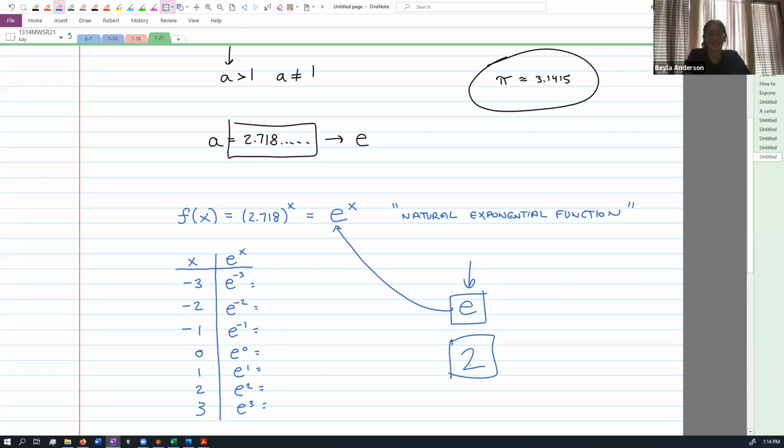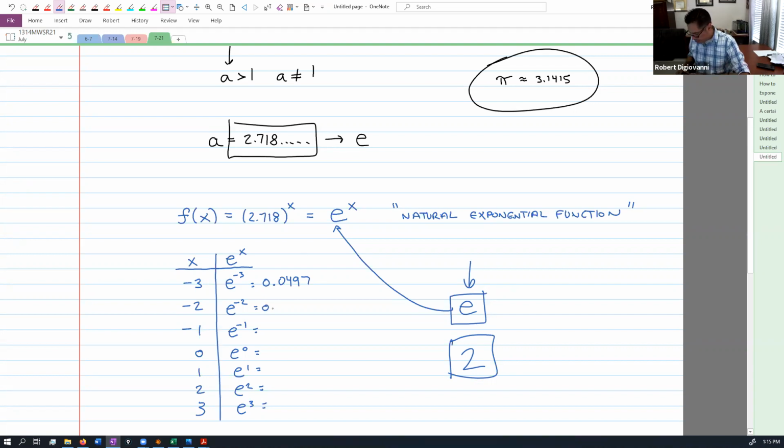I understand. Okay. So get on your calculator, see if you can do e to the -3 and see if you get 0.0497. And then try e to the -2. You should get 0.135. I'm just rounding these to 3 or 4 decimal places.